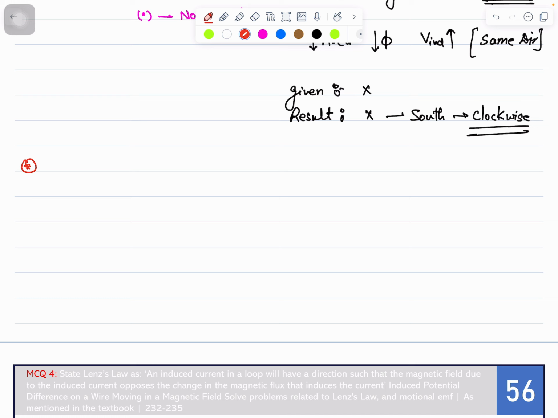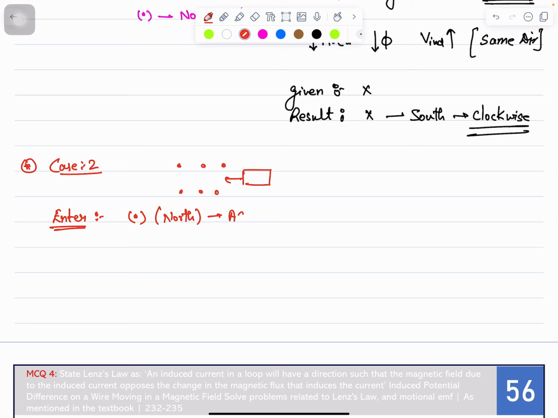Let's say now the case 2. Let's say we have dot. Okay, take the same question. First, enter. Okay, so what is your given direction? Given direction is dot. Dot means north, yes or no? And north means anti-clockwise.